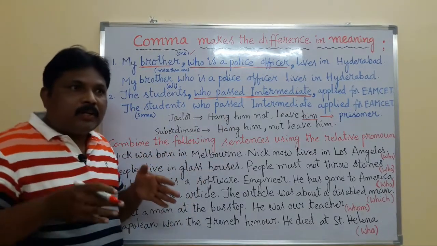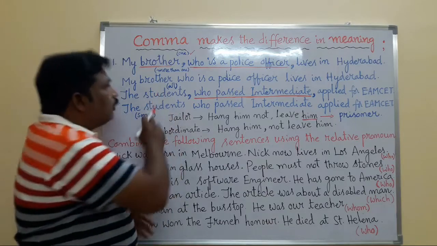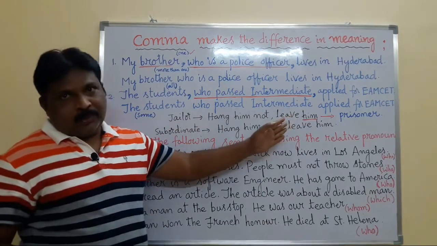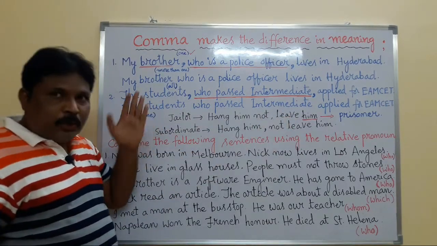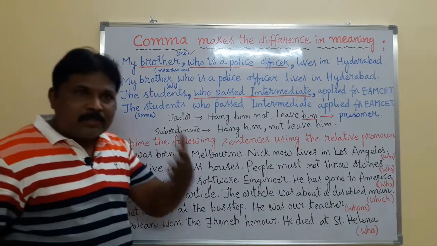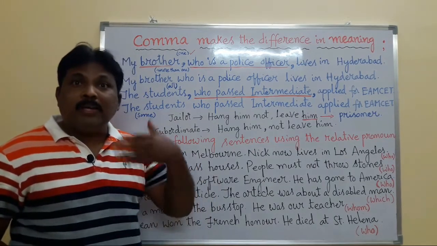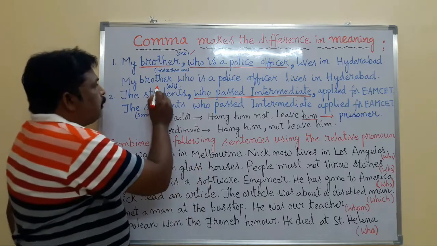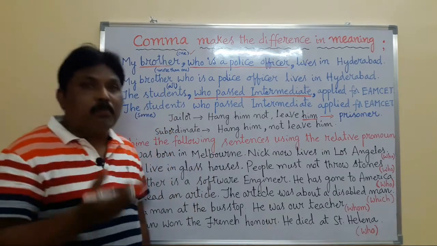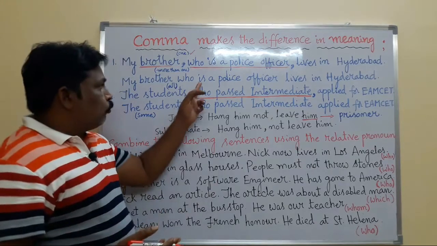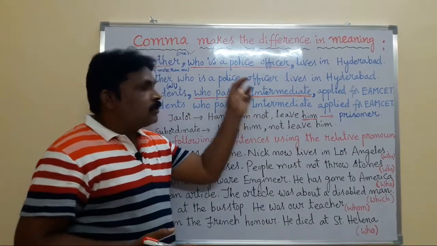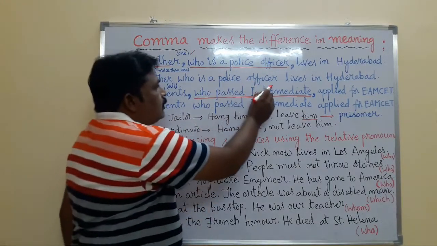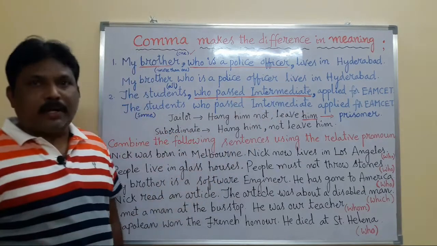Here the speaker is talking about the brother who is a police officer. The speaker makes the listeners and readers understand that the speaker has more than one brother, but one brother is a police officer, and he lives in Hyderabad.